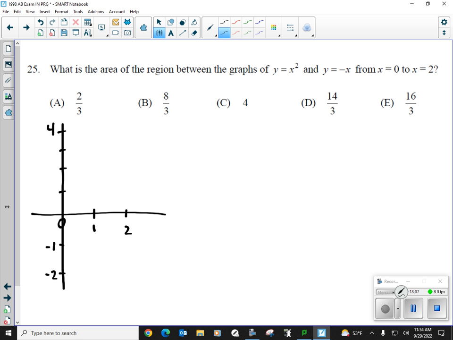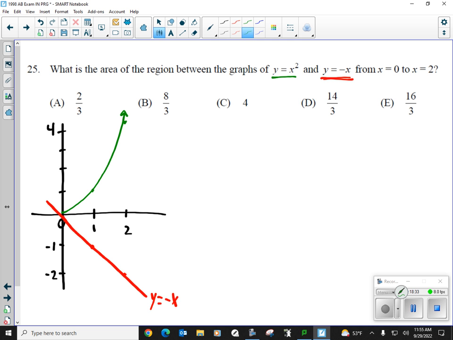The graph of y equals negative x is a straight line that goes down 1 over 1, down 1 over 1, and continues. The graph of y equals x squared goes through 1, 1, then 2, 4. It's part of a parabola.